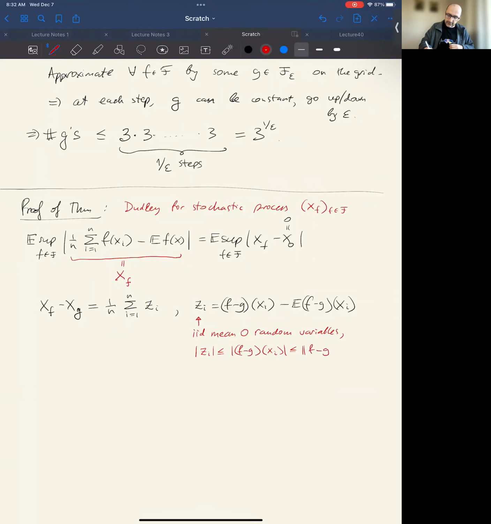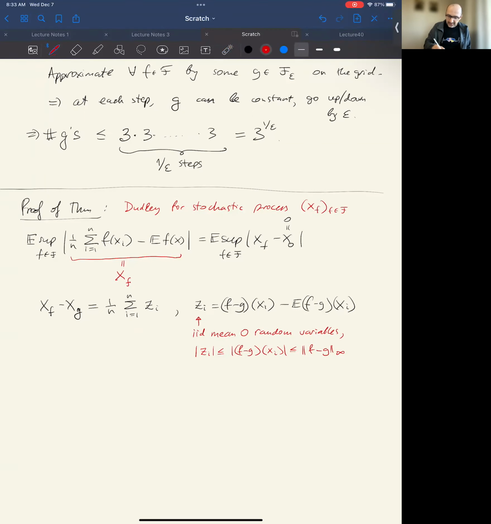They're bounded by the sup norm of f minus g. Agreed? Just trivially bounded by the sup norm. Perfect. So they are IID mean zero random variables that are bounded. That's great. And now we have their sum. It looks like Hoeffding inequality now.